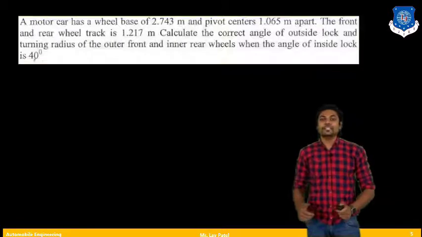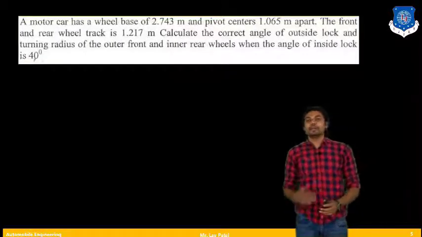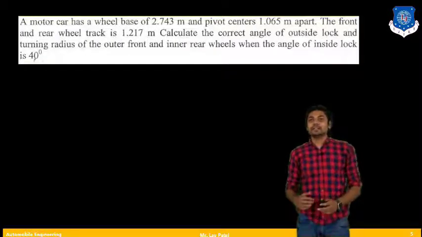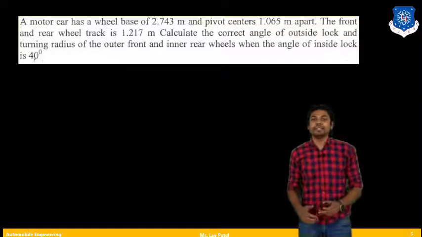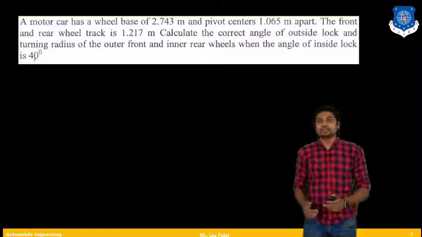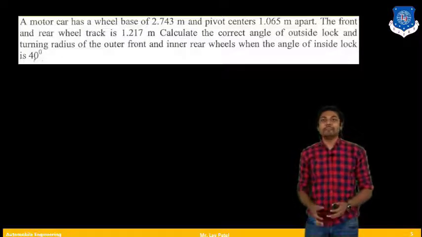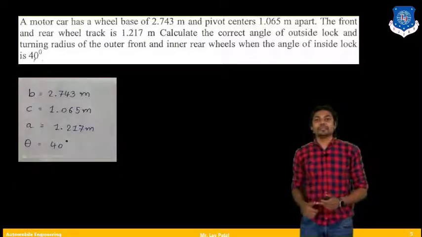Moving further, based on the theory, we move on to an example. First is a motor car that has a wheelbase of 2.743 meters and a pivot center distance of 1.065 meters.